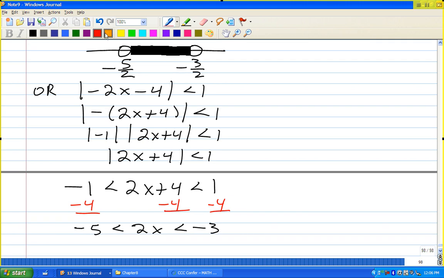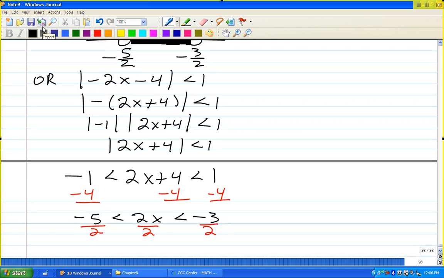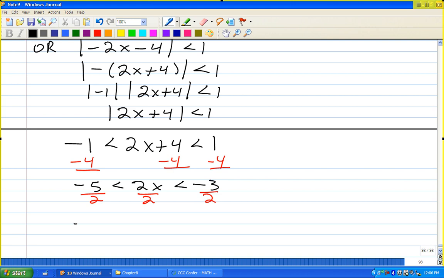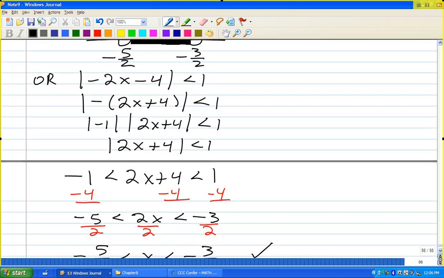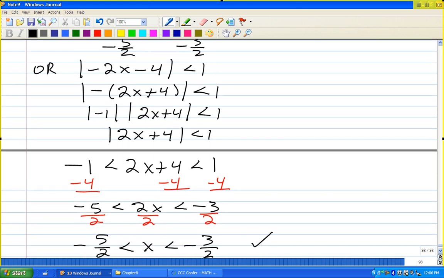Divide by 2. And so I get -5/2 less than x less than -3/2. The same thing that I got from before.